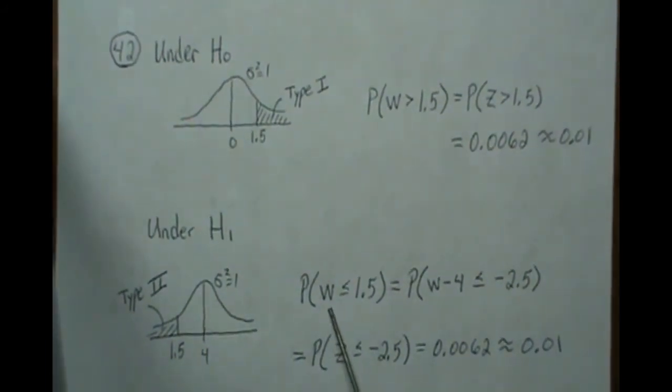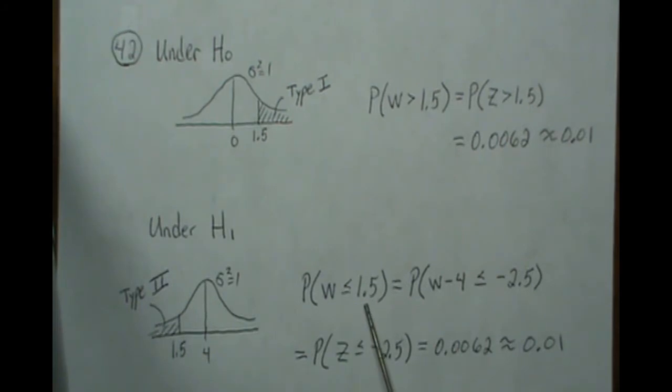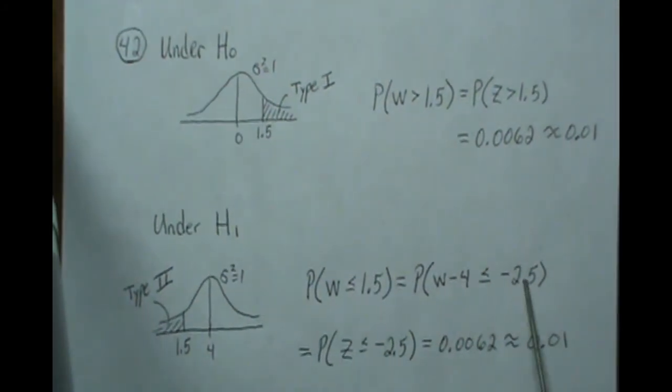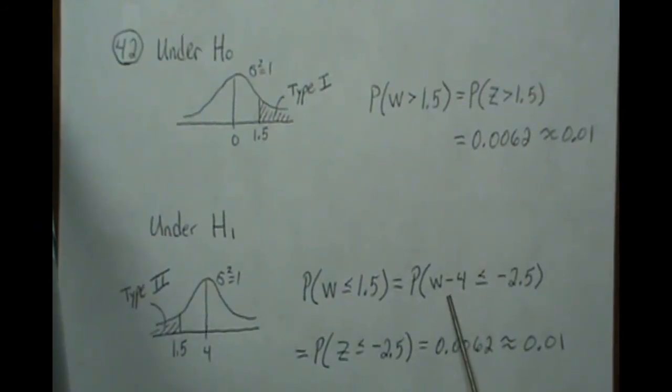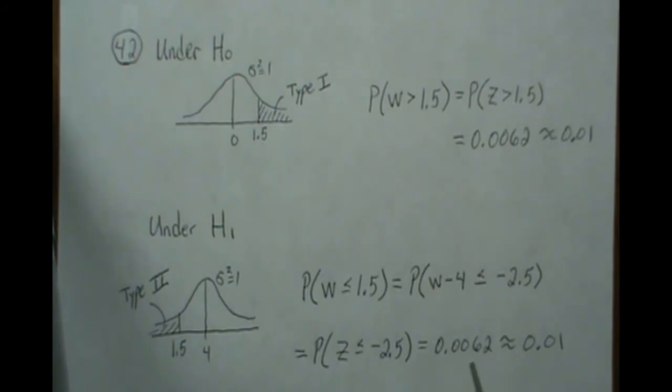So the probability that W is less than 1.5. So we subtract the mean of 4 from both sides, divide by the standard deviation of 1. Then this becomes the probability that Z is less than or equal to minus 2.5, which, in my book, is this, which is pretty darn close to 0.01.